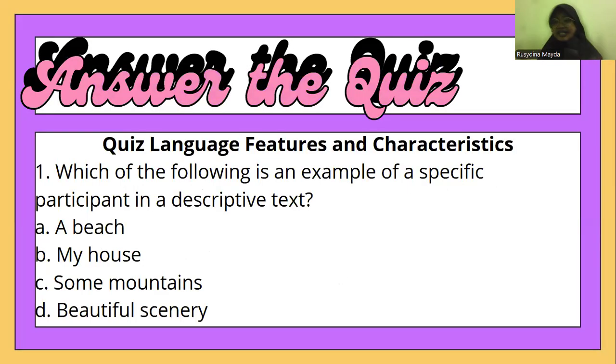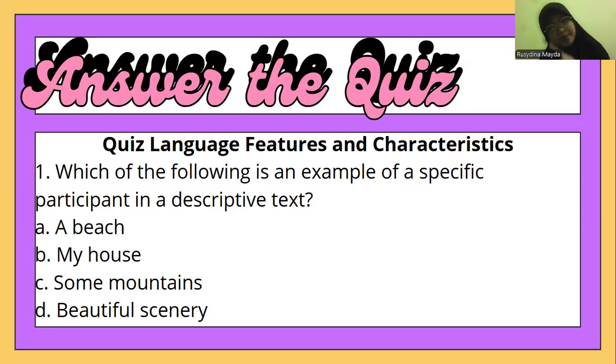Okay, look at this everyone. Like before, there will be a quiz to test your brain's ability to remember the material that we learn today. Okay, the first question is, which of the following is an example of a specific participant in a descriptive text? A. A beach. B. My house.